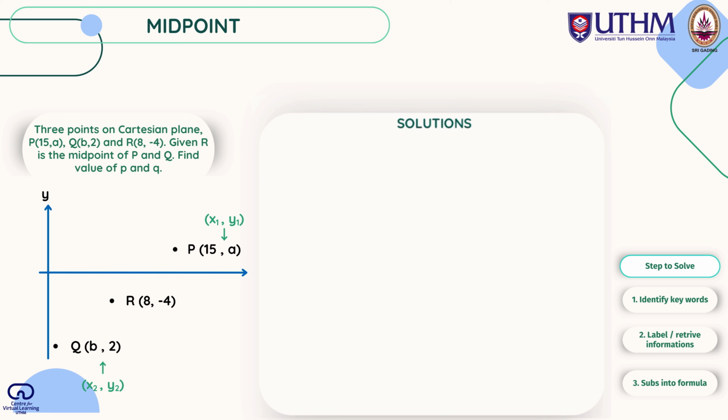Example 1, find the midpoint between point A (4, 8) and B (1, 5). The step to solve is first you identify the keywords. The keyword here is midpoint. So the formula of midpoint M equals ((x2 plus x1) over 2, (y2 plus y1) over 2).